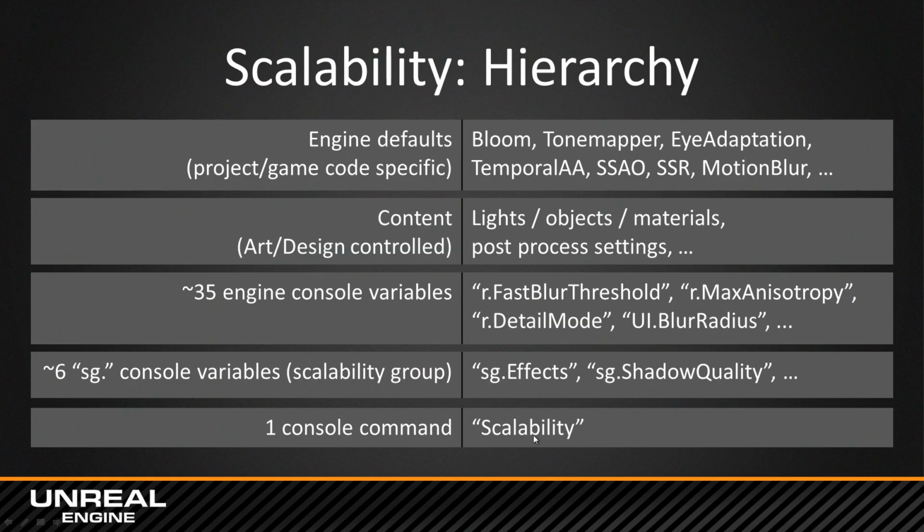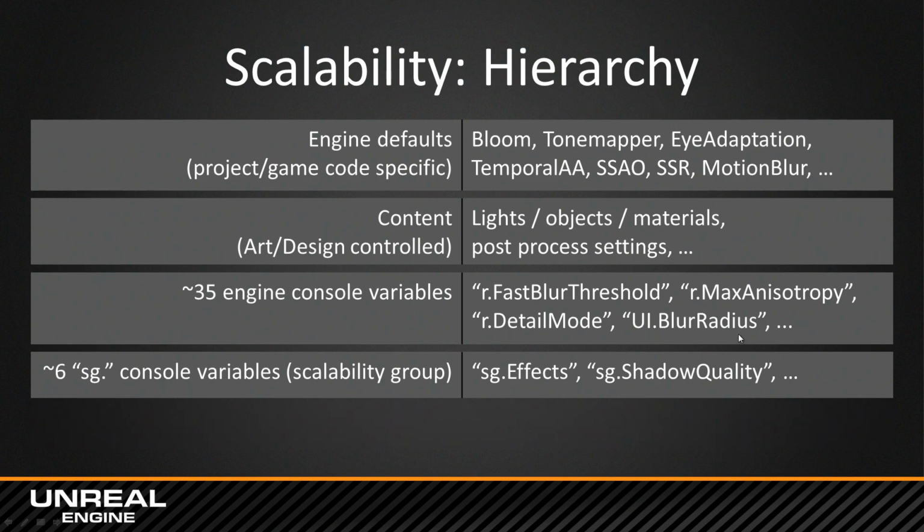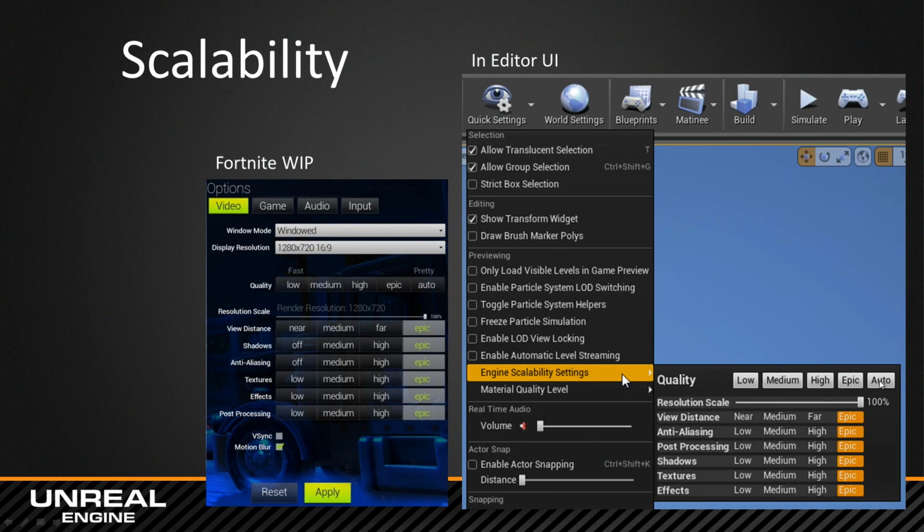And built into the scalability system is also an auto feature, which you can see here or here. That auto feature is very useful, but it does something very special. It tries to measure the CPU and the GPU performance, and depending on what kind of numbers it gets out of that, it tries to find good settings for this. That's something that is important for a game that wants to run on a wide range of hardware.